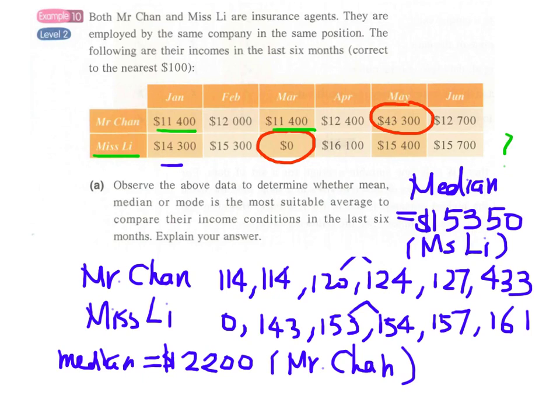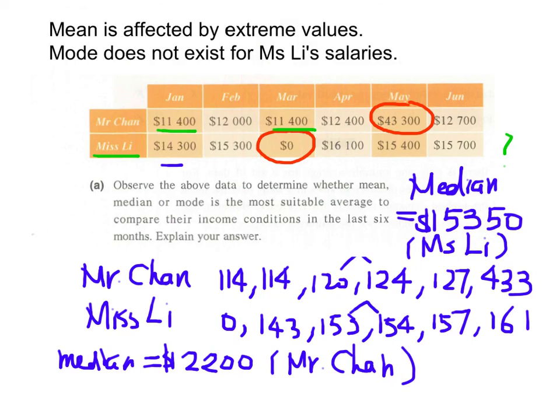And therefore Ms. Lee has a higher salary than Mr. Chen, with the median of $15350. And again, we have to explain our answer. The mean is easily affected by extreme values, so we don't use it. And the mode does not exist for Ms. Lee's salaries.